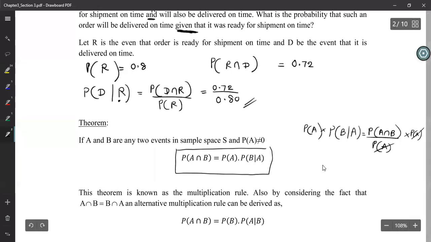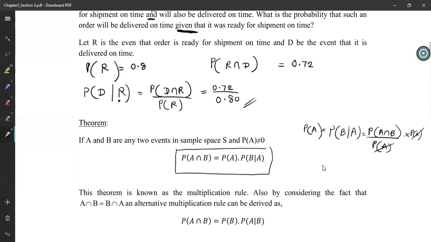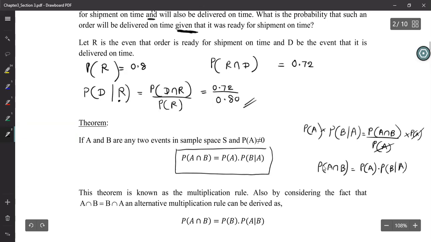When you multiply both sides by P(A), it's like you do the cross multiplication, right? So what is P(A intersection B)? That is P(A) times P(B given A). So that is exactly what you get. This is called the multiplication rule.